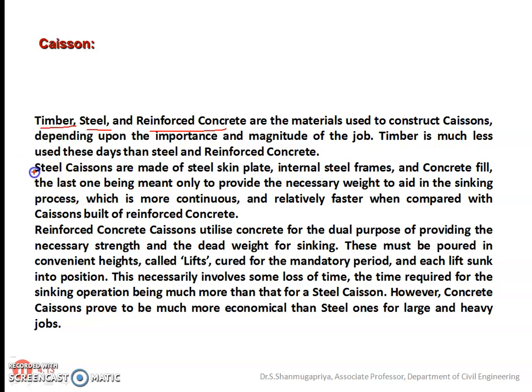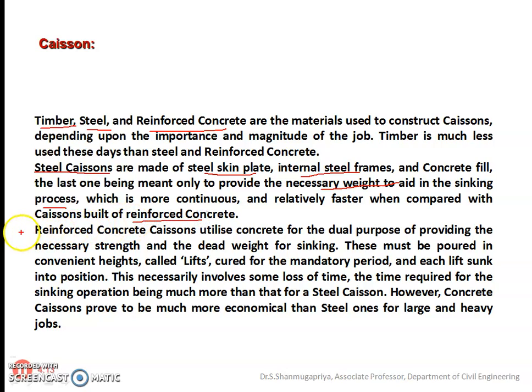Steel caissons are made up of steel skin plates, with internal steel frames and concrete fill, which give the necessary weight to aid in the sinking process. They are also much faster when compared to caissons built of reinforced concrete.